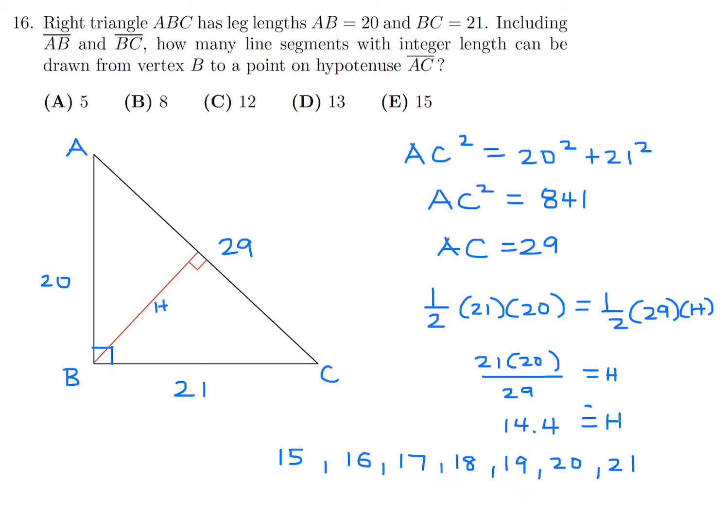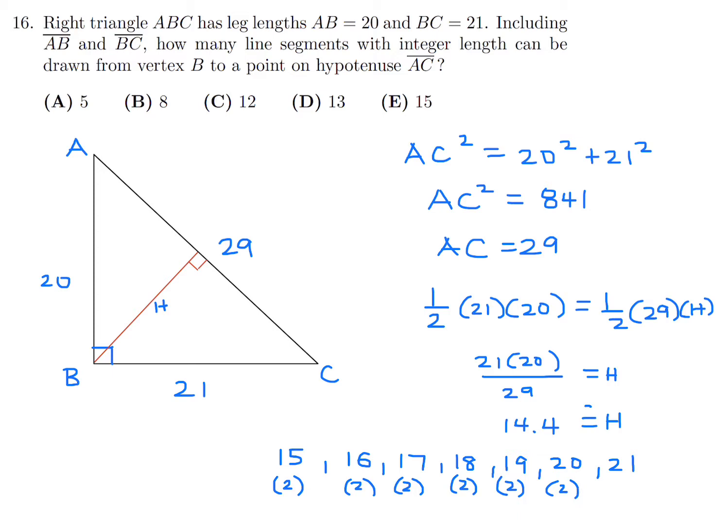So what happened? Well, the reason is because some of these you can get twice. 15, for example, can be drawn like that. It can also be drawn like that. So there's two ways of getting that. 16 in the same way could probably be something like that and something like this. So as you can see, each of these can be drawn in two ways. 20 is obviously drawn like that, but you could also get one like that.